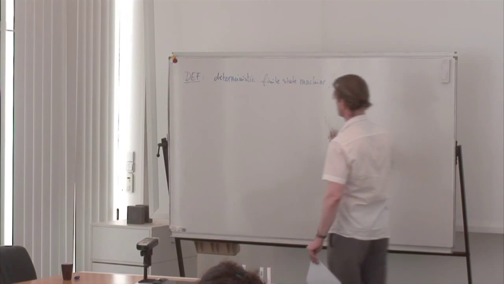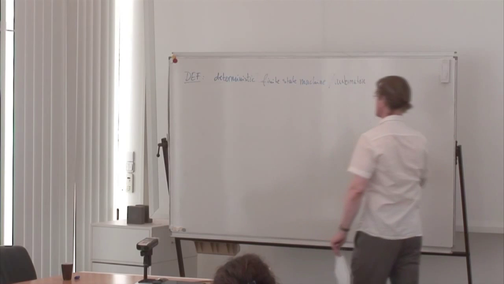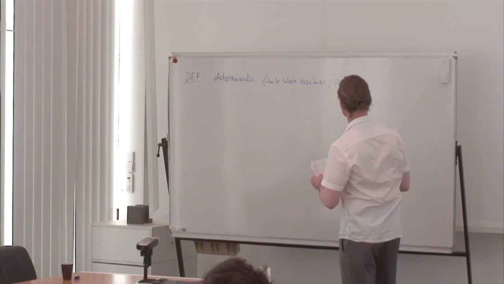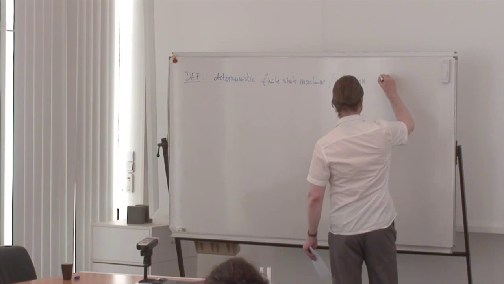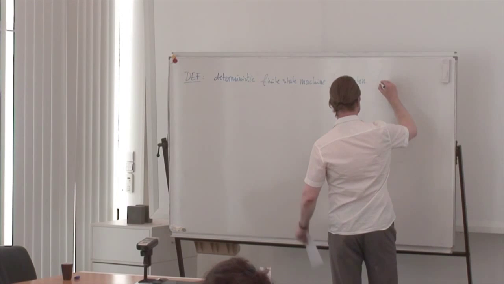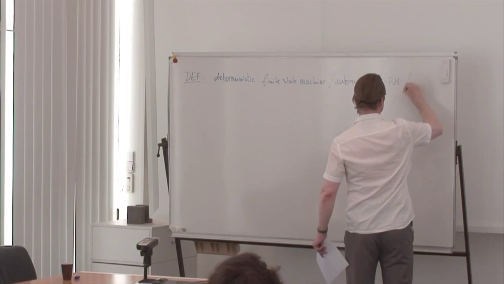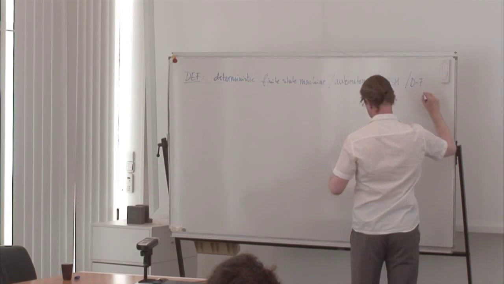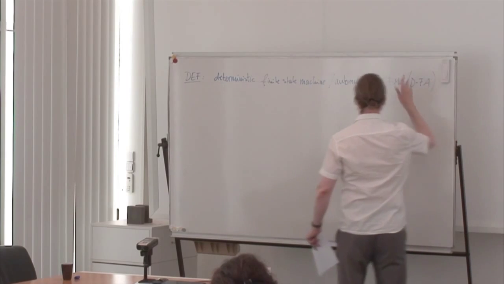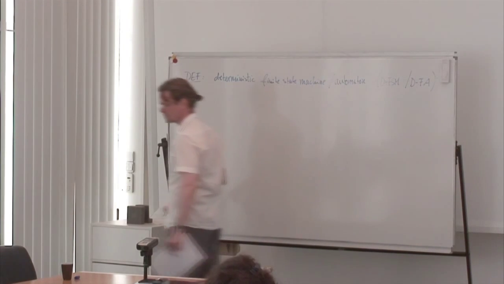Some authors refer to them as state machines, others as finite automata. So abbreviated, they are using this deterministic finite state machine or deterministic finite automaton. So these are things that are used interchangeably.